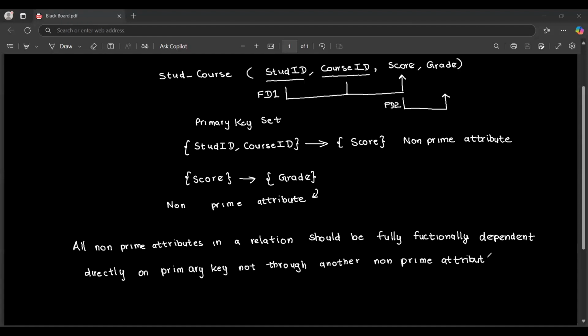Keep this in mind. This is very important. This is the characteristic of a 3NF relation.